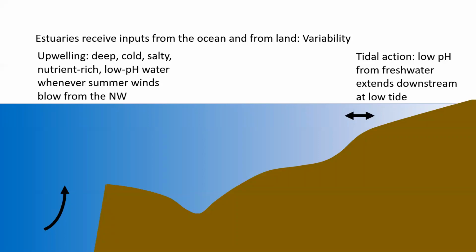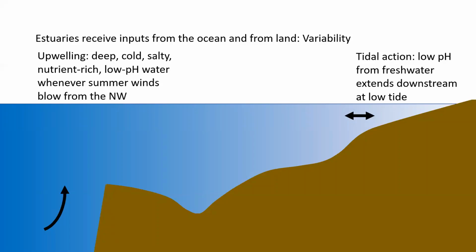In contrast, the major forcing factor at the river end of the estuary for organisms that are fixed in place is how much of that river water are they actually getting at any particular time. And that's a function of what time in the tide it is. So tidal action is really an important part of what drives the scale of the variability near these rivers.